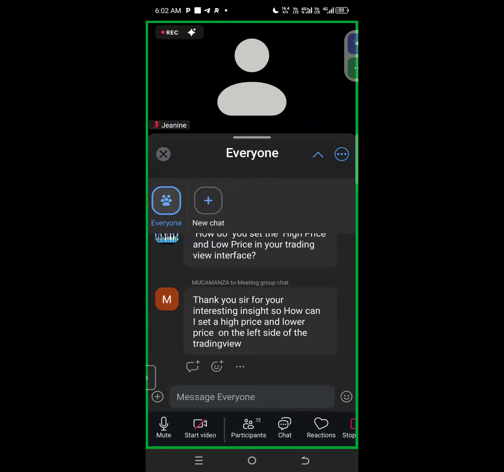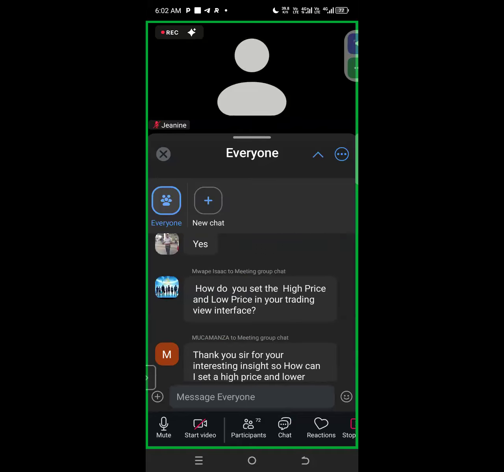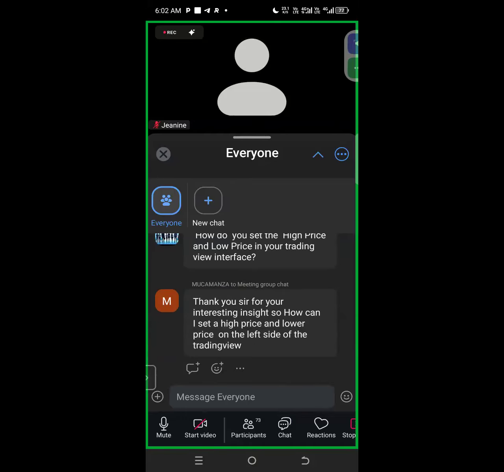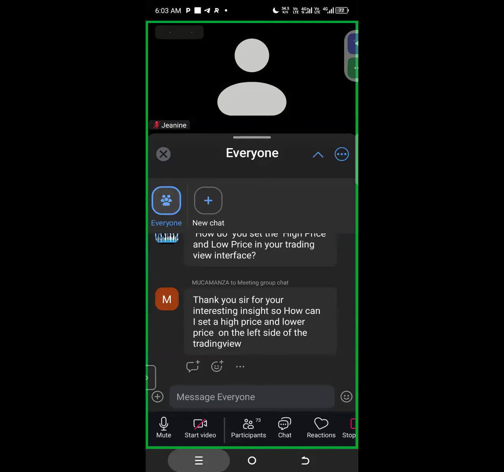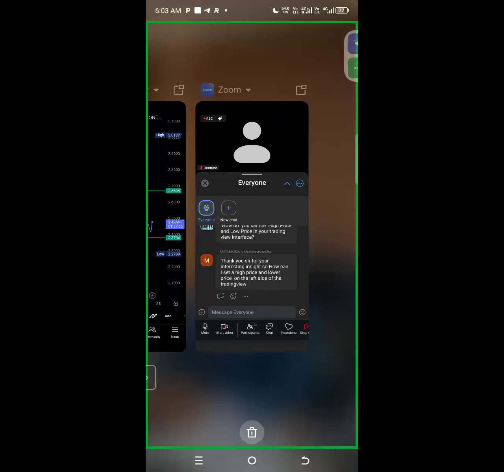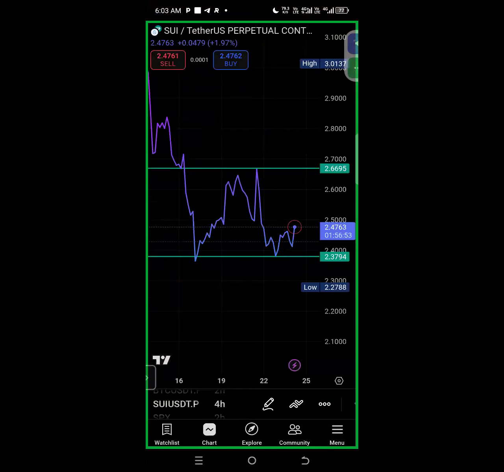Okay, so how do you set the price high and low in your TradingView? Which one? Are you talking about this one? Let me see.